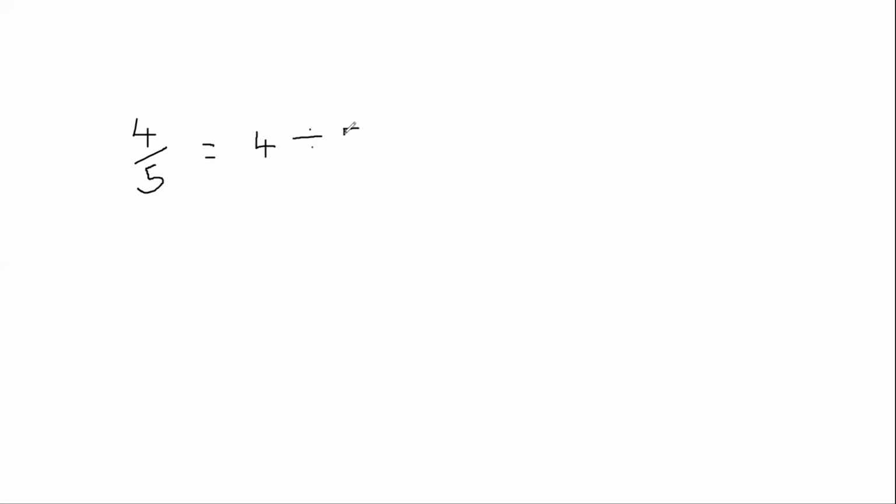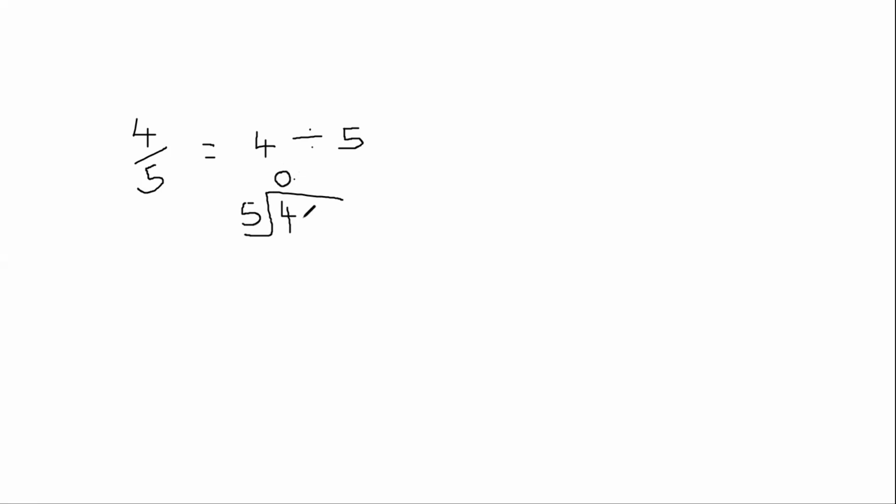So if you want to convert 4/5 into a decimal, you take 4 and then divide by 5. Of course, the first number is always put inside, and we are going to use the long division method. So you're going to have 5 there, dividing number 4. And the question is, can 4 be divided by 5? It can't. If it cannot be divided, you write 0, and then you put a decimal.